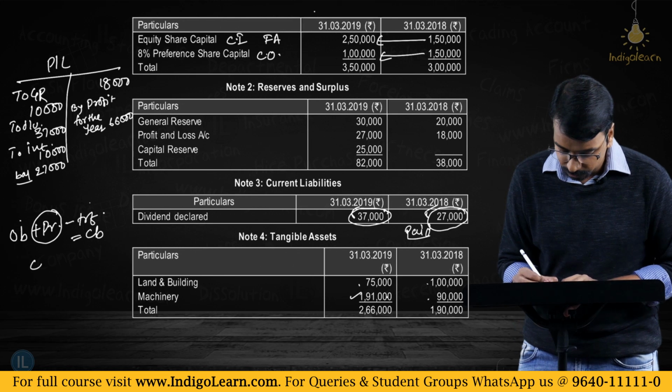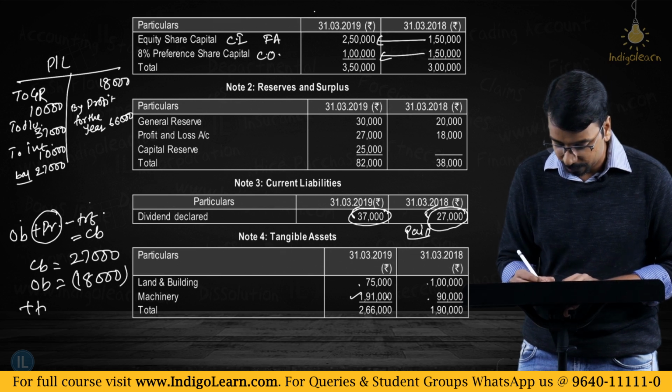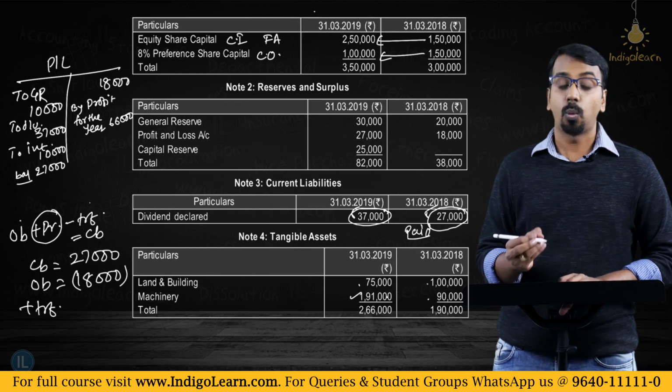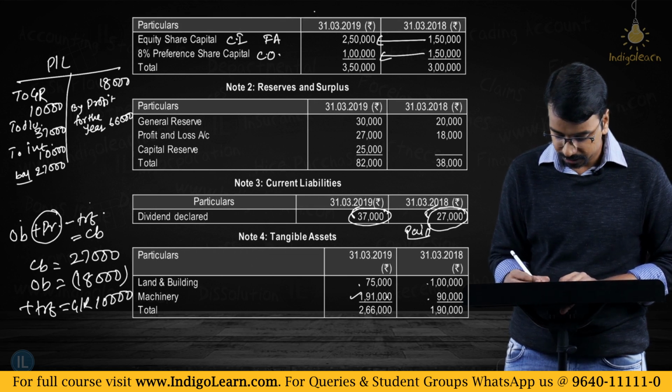So what is the closing balance? Closing balance is 27,000. What is the opening balance? Opening balance is 18,000. So you will reduce this. Then you will add back all the transfers. What are the transfers? Transfer to general reserve 10,000, then final dividend 37,000.